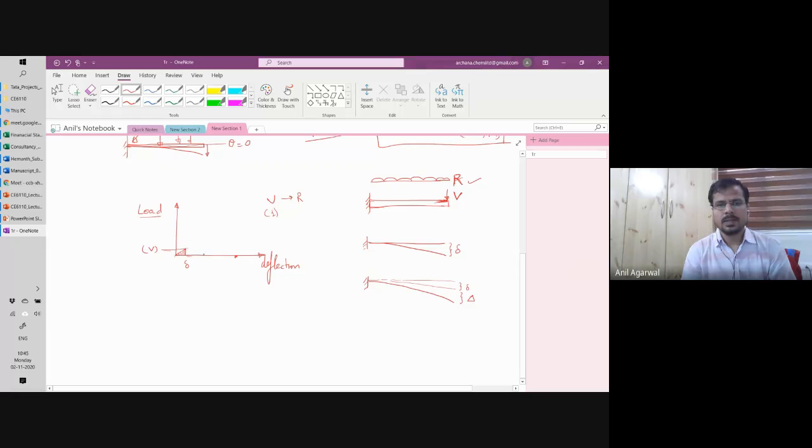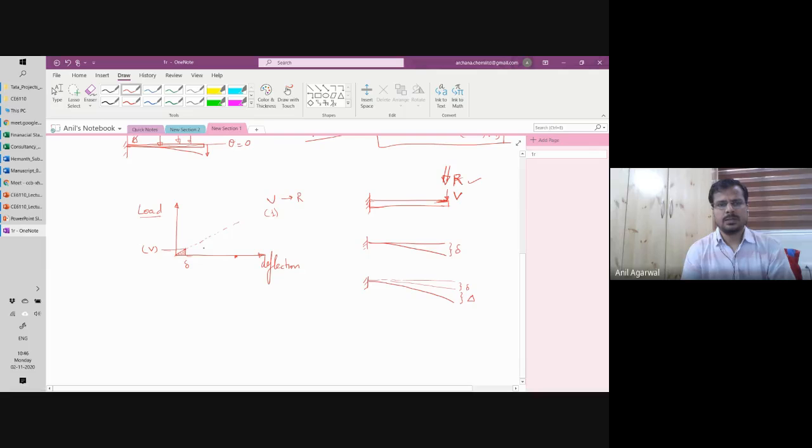Then the real loads are applied. Here, of course, the real loads are distributed or of a different kind, but I'm just trying to explain a concept. Let me make it simpler to understand. Let it be a similar kind of load, a real load, applied at the same location where the virtual load is.